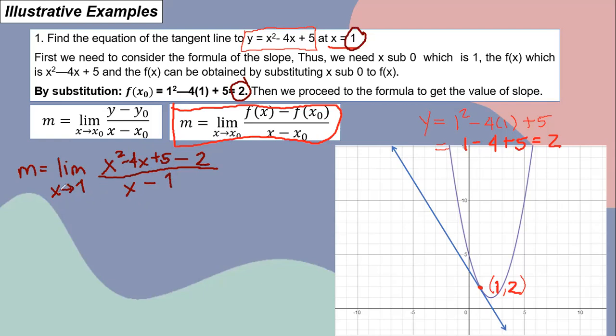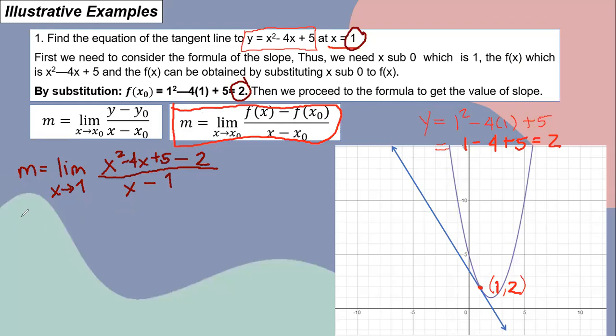So simplify natin. So pwede ba nating i-substitute agad yung 1 sa ating function? So hindi po, dahil kapag sinubstitute natin yung 1 sa ating x, magkakaroon tayo ng undefined na value. So isi-simplify po muna natin yung ating equation.